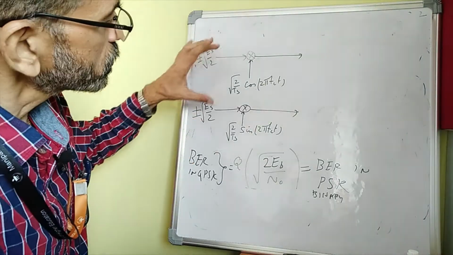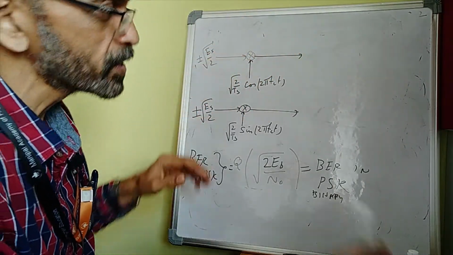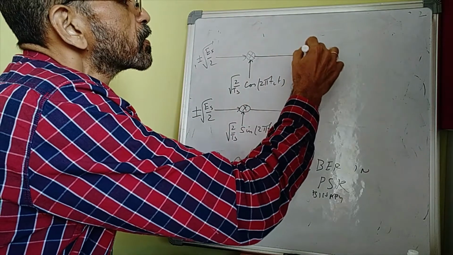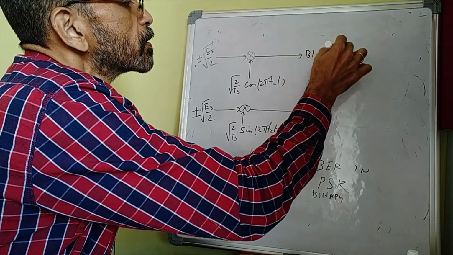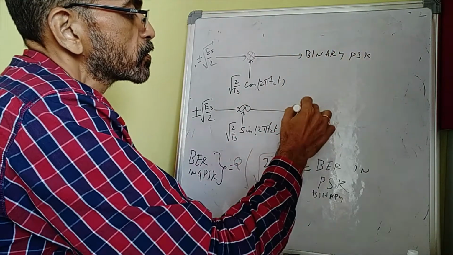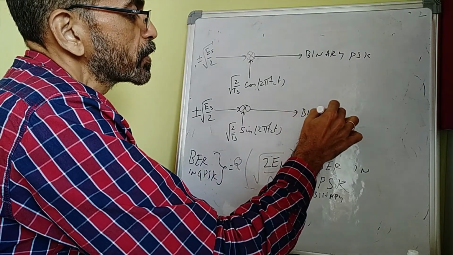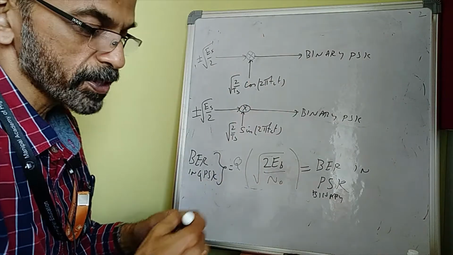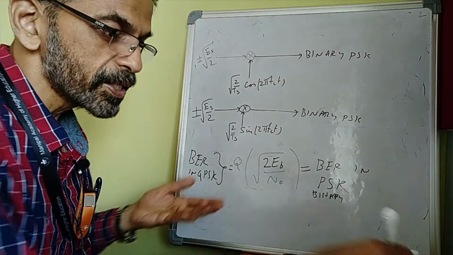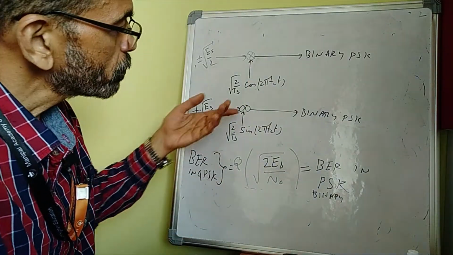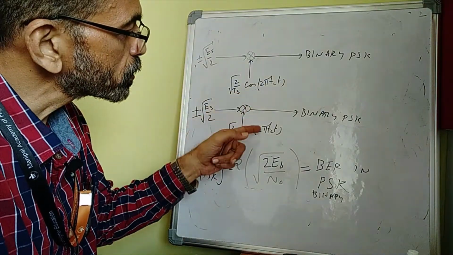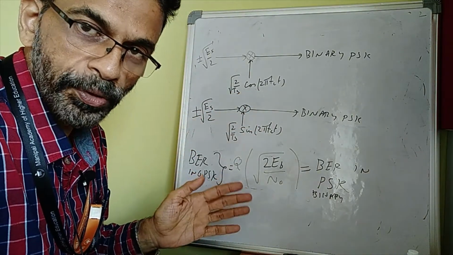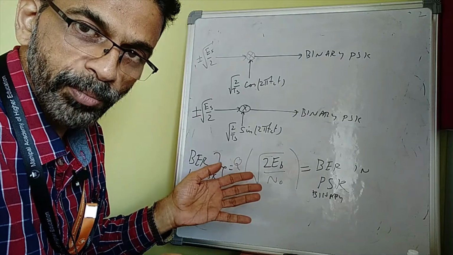So if you see this, these are two binary PSK signals. This is also binary PSK. The only difference is that with reference to this, there is a phase shift of minus pi by 2. That's the only difference. And that difference is important in the sense, because of that difference, these two signals are orthogonal. They are orthogonal, and hence we are able to separate them out.